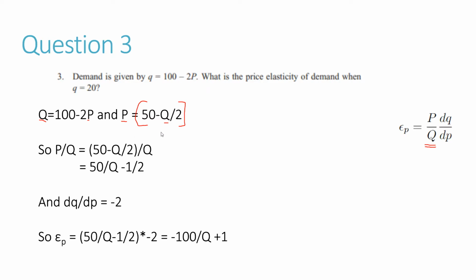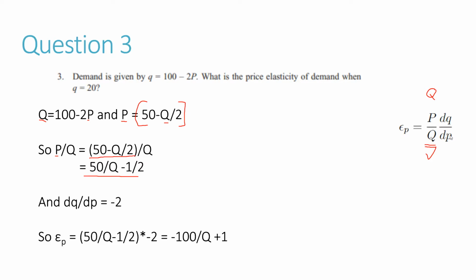So what we do, we take this numerator, P, substitute for 50 minus Q on 2, and then we divide that whole thing by Q. Okay, that should hopefully be pretty straightforward as well. It becomes the following. So the left-hand side is now done, and it's in terms of Q now. So let's do the right-hand term now, dQ dP.